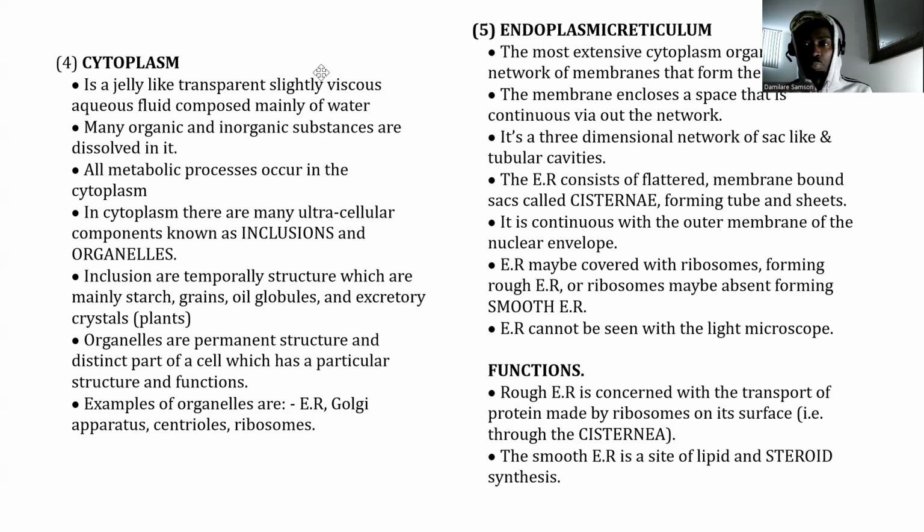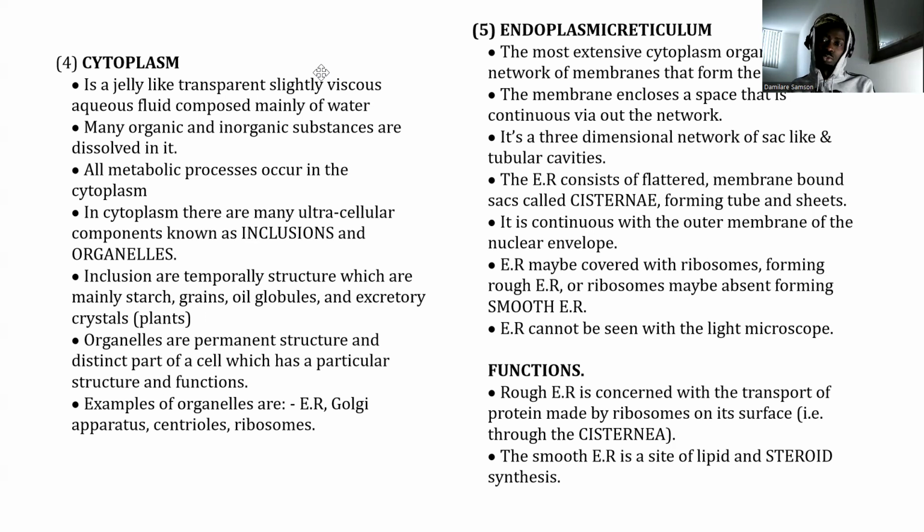So ER, endoplasmic reticulum, is the most extensive organelle in the cytoplasm. The network of membrane forms the ER, and the membrane encloses a space that is continuous throughout the three-dimensional network of sac-like and tubular cavities.